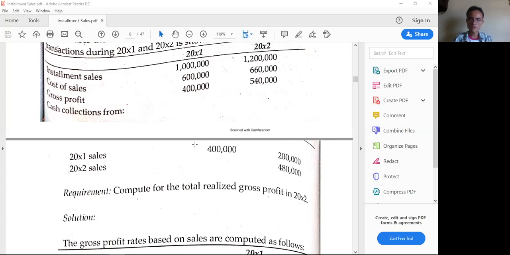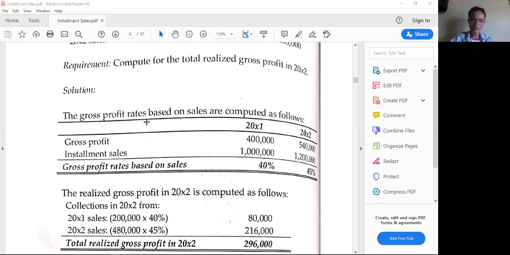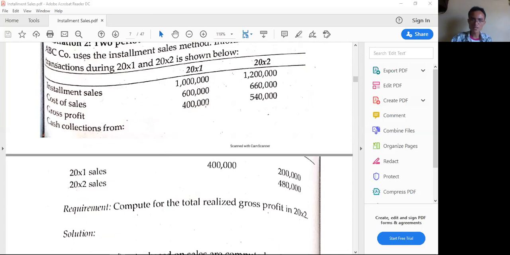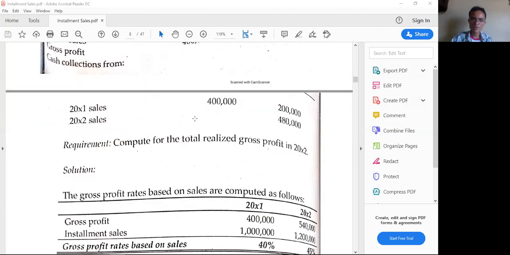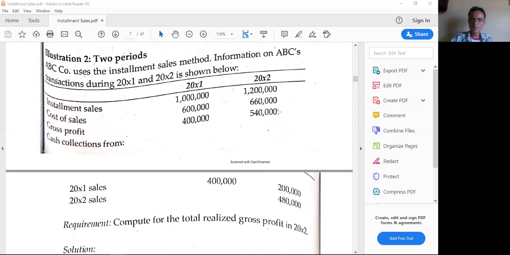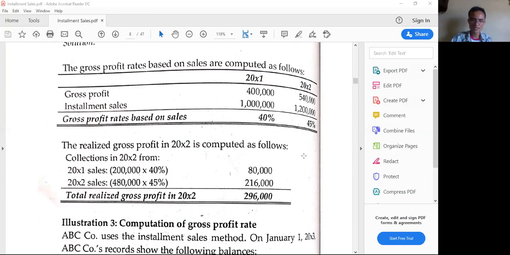For 20x2, respect the rate for that year, and that will be used throughout the years for the 20x2 installment sales. So in the computation here of the gross profit rate, the gross profit is given, but we will never know if it is not given. So 400,000 divided by 1 million is 40%, and 540,000 divided by 1,200,000 is 45%.